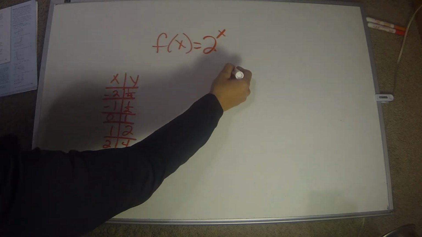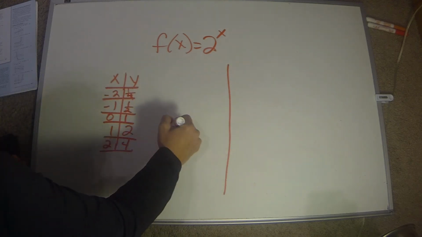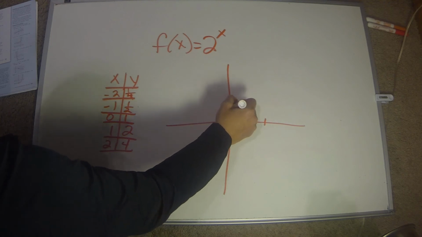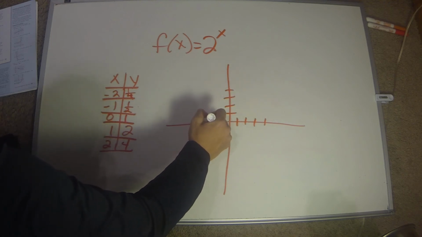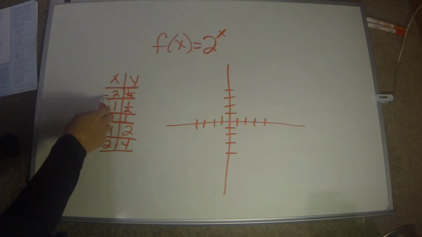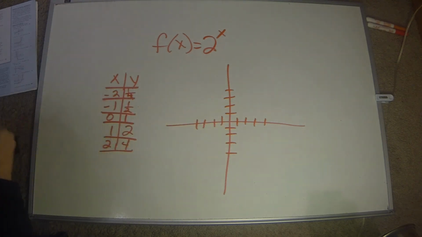So if we went to graph this, we have this -2 and 1/4, and I will use a different color for the graphs, if I can find them.